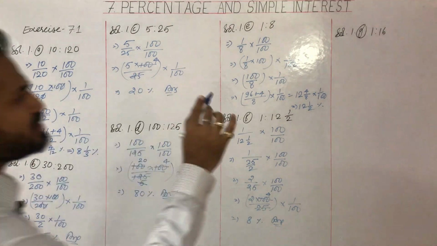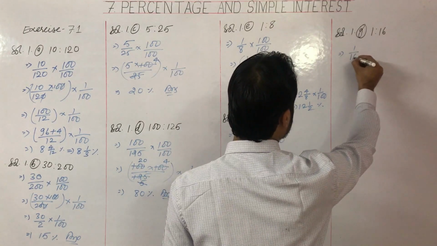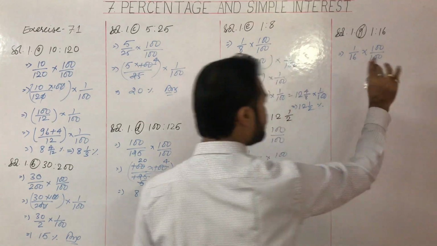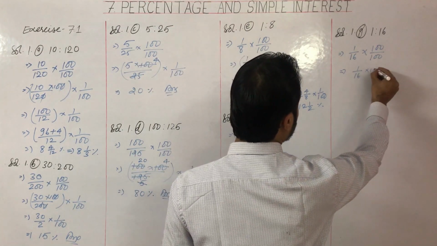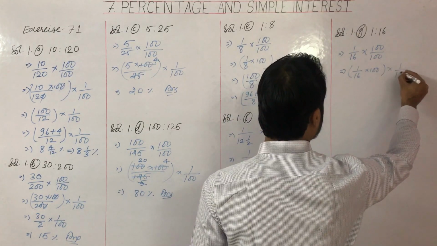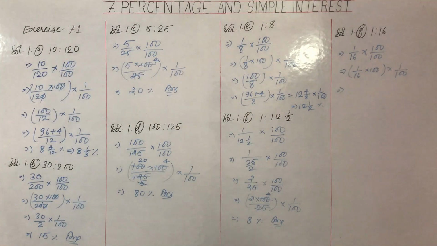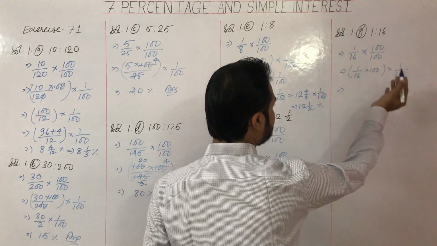Then last, 1 is to 16. Again 1 is to 16 means 1 by 16, and multiply this fraction by 100 by 100. Then write 1 by 16 into 100 separately and 1 by 100 separately. Then we have to divide 100 by 16. Again 100 is not completely divisible by 16.